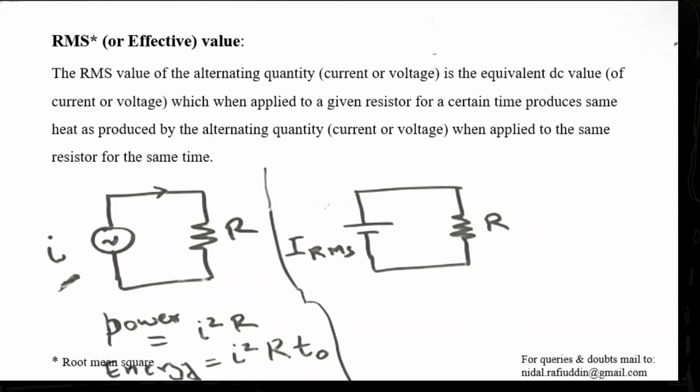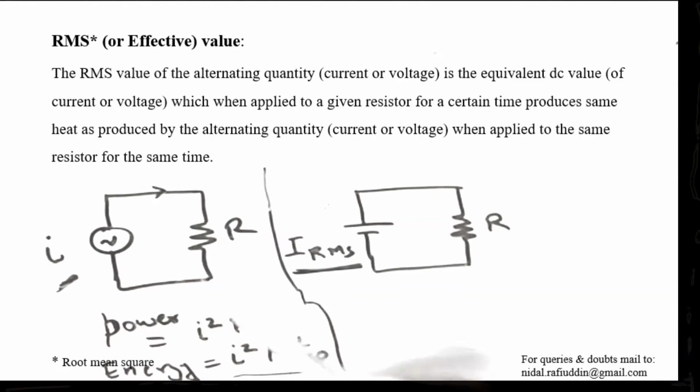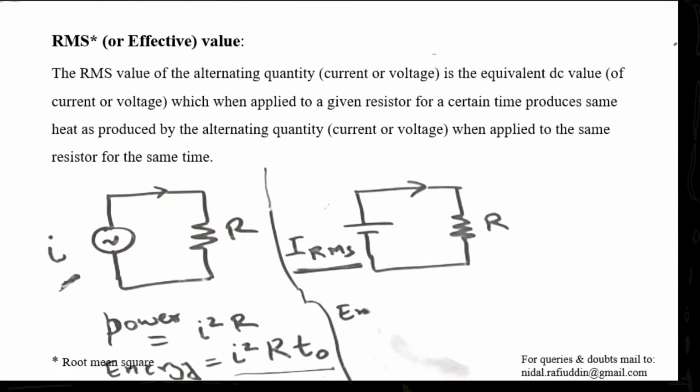So we say that the DC value that is going to dissipate this amount of energy when connected across the same resistor for the same time is the RMS of this particular AC current, which means that this particular current is going to be the RMS of this alternating quantity when it dissipates the same amount of energy.